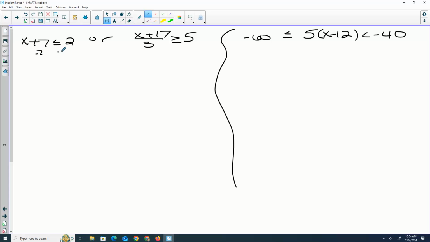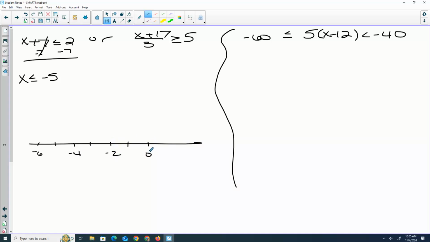Subtract our 7 from each end. So x is less than or equal to negative 5. I know you didn't have a number line, but if you did, less than or equal to would be a closed circle going to the left.